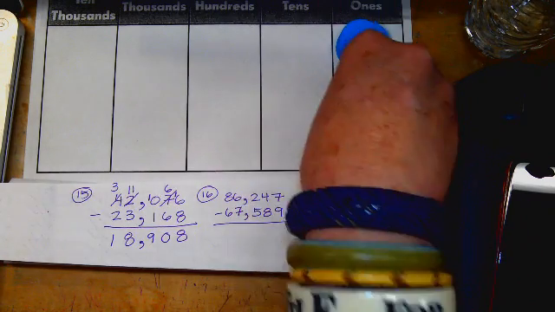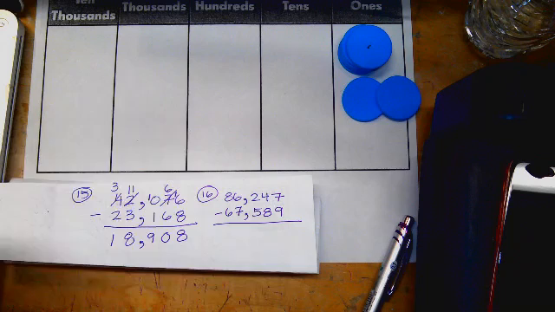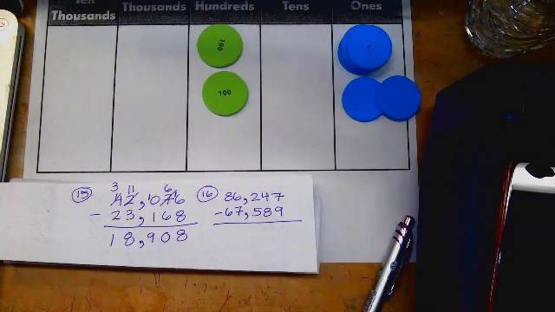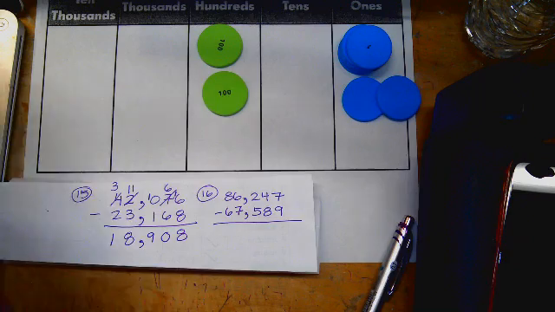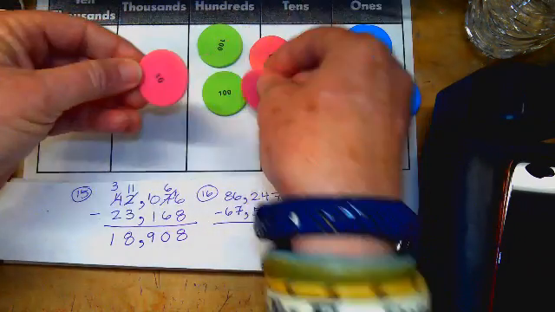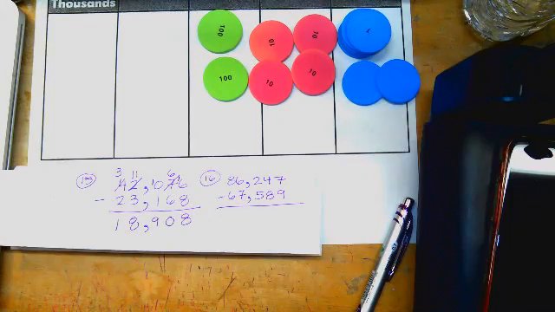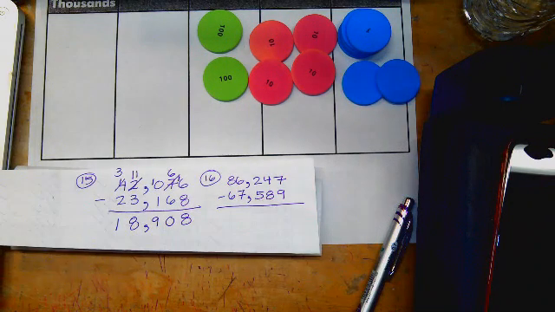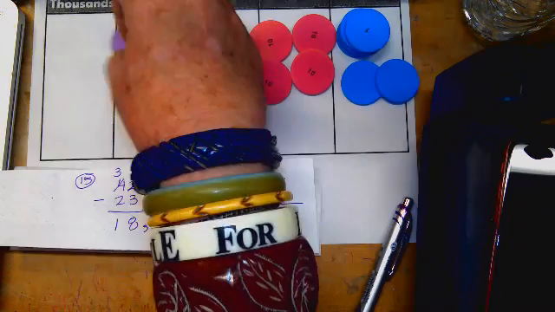So I need 7 of these, and I like to put them in stacks of 5. So I have 5, 6, 7. Then I have 4 tens. And then I have thousands. I need 6.